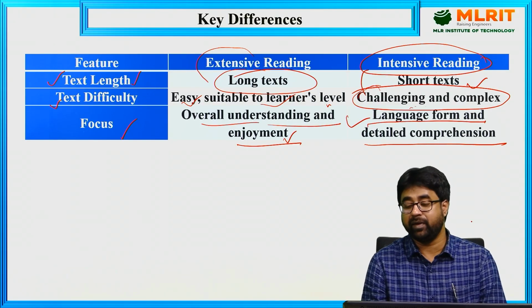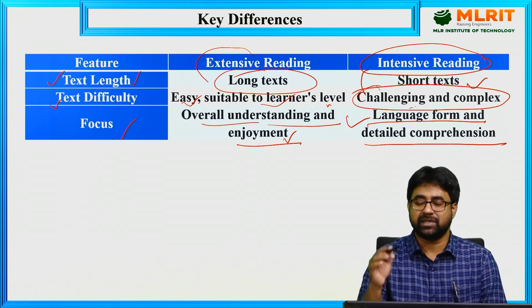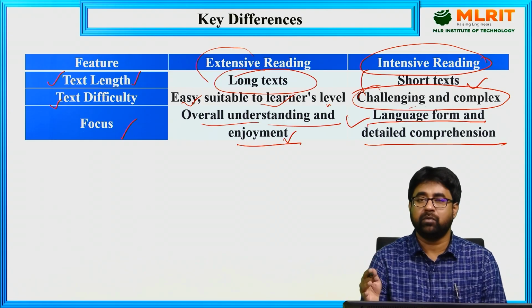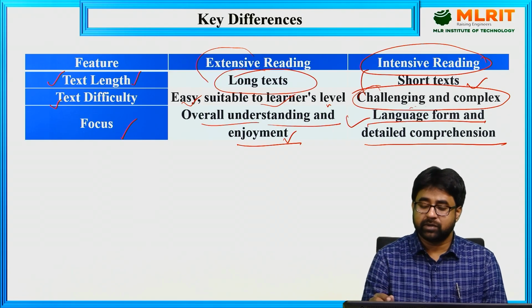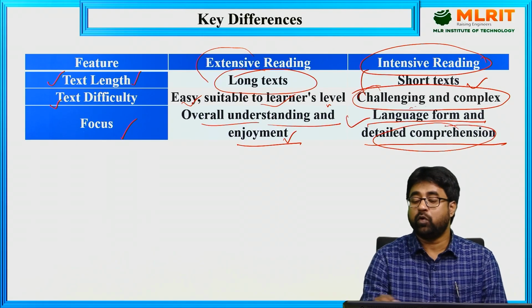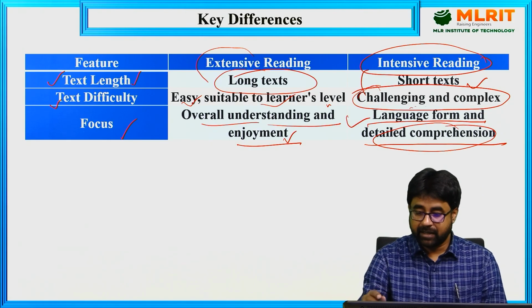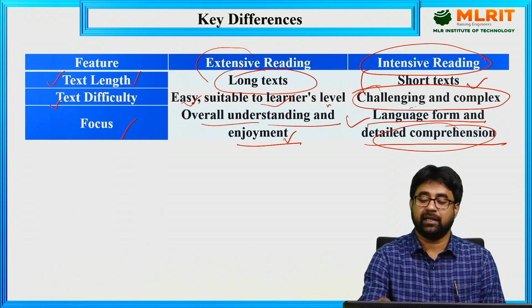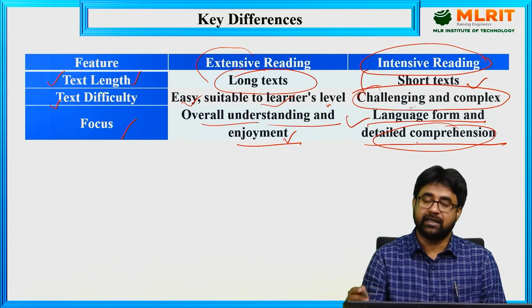When we deal with language forms, we try to learn small aspects of language like vocabulary, grammar rules, sentence construction, types of sentences, all those things. And when we try for detailed comprehension, then what we do is basically intensive reading. Fine.